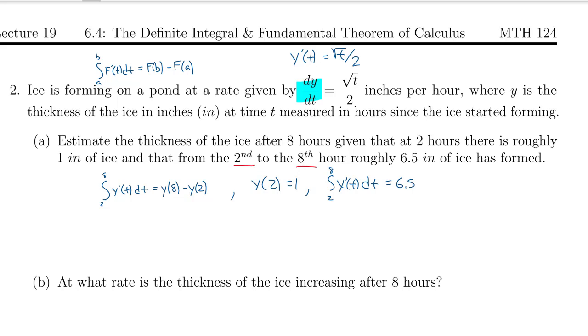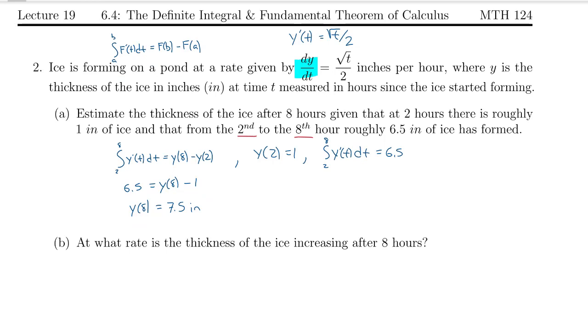So putting those elements together, we can update our equation. The left-hand side is 6.5, and the right-hand side we can substitute y of 2 with our value of 1, and simply solve for the unknown value y of 8. So this tells us that after 8 hours there were 7.5 inches of ice on the pond.